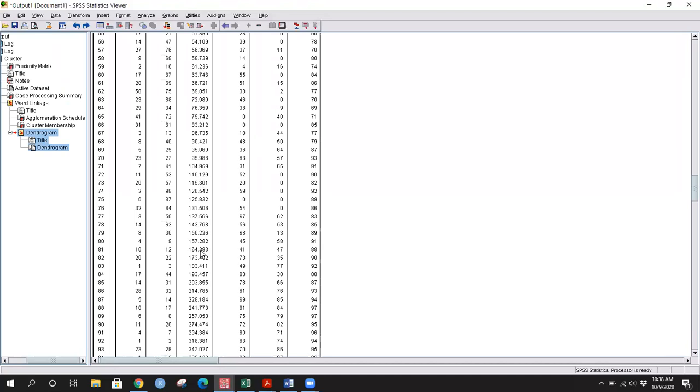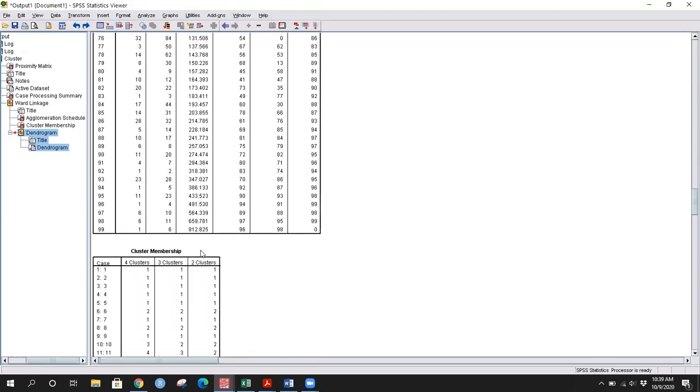And we are looking for a stopping rule now. So basically the rule which will guide us that, okay, at which cluster solution do I stop? Do I stop at the 1 cluster solution? Do I stop at the 2 cluster solution, or 3 or 4, and so on? Now for that, please note down the stopping rule.